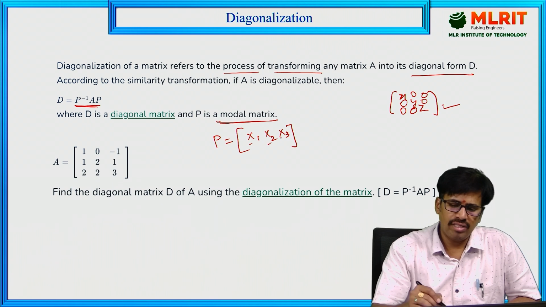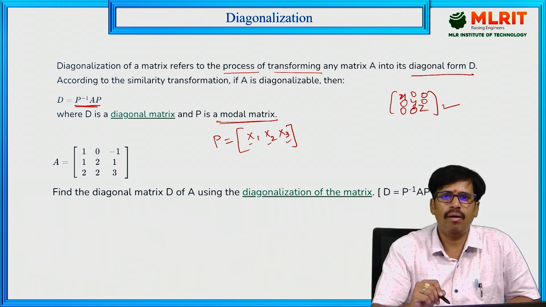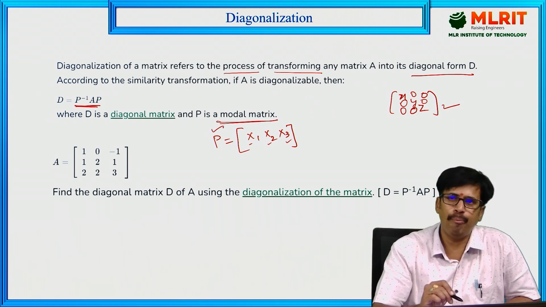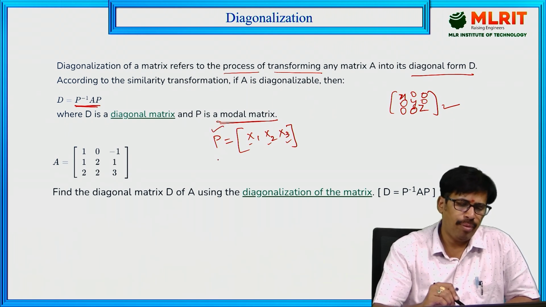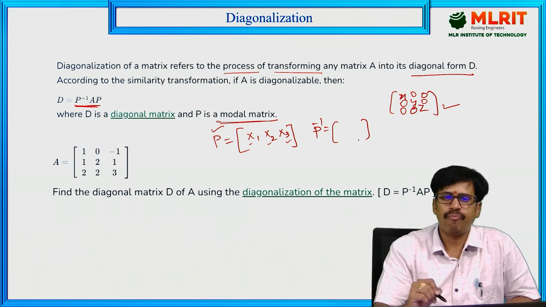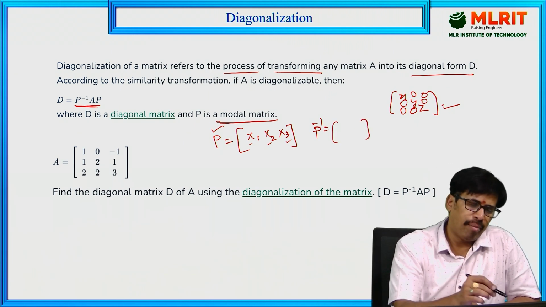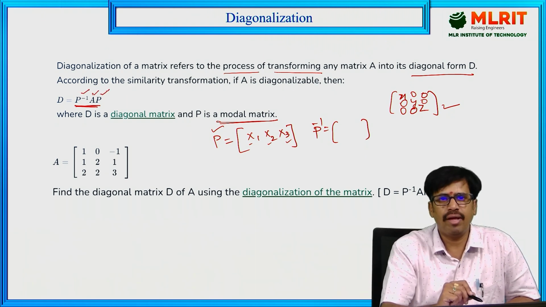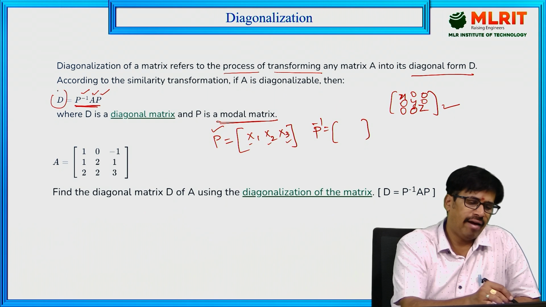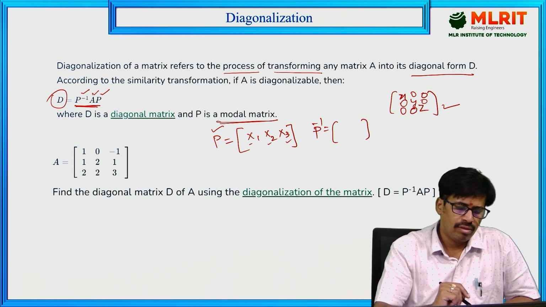Those eigenvectors, if you denote with x1, x2, x3, written in a matrix, that is called the modal matrix, denoted with P. After finding P, you know how to find the inverse of a matrix, P inverse, right? Then multiply P inverse into A and multiply the result matrix with P, so that we get the diagonal matrix D. Then only we say that the given matrix is diagonalizable, right?